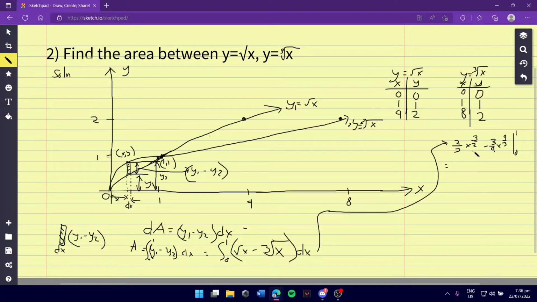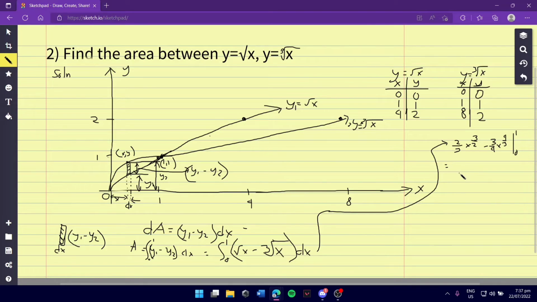It will become the same, and then minus the 3/4 multiplied by 1 raised to 4/3, and then we will subtract the answer here to the second limit when substituted with 0.